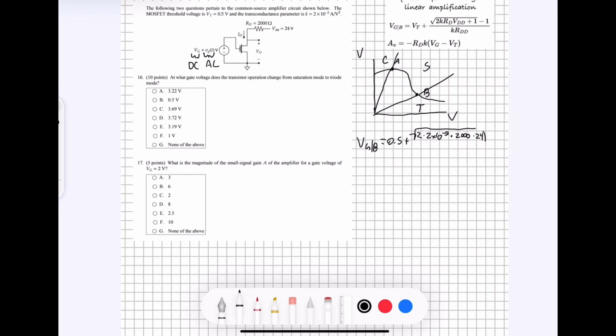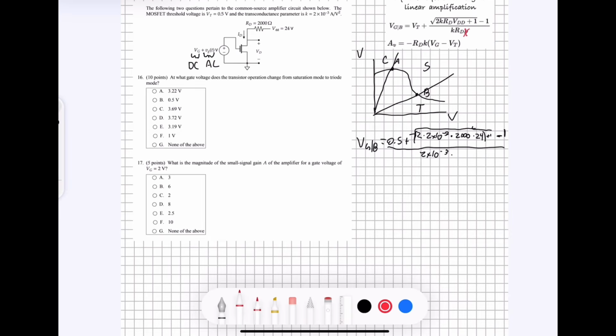All of that is going to be plus 1 inside of the square root, and then we have a minus 1 outside of the square root. And then all of this is over K, which is 2 times 10 to the negative 3, multiplied by RD. Sorry, just RD, that's a typo that it's got more than one D in there.